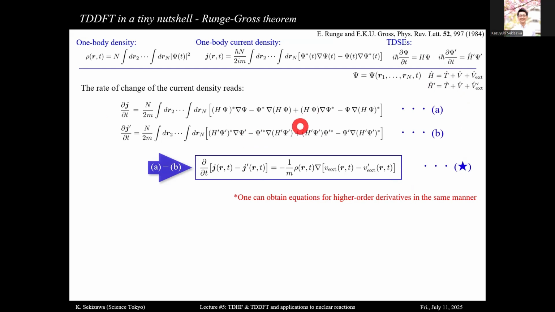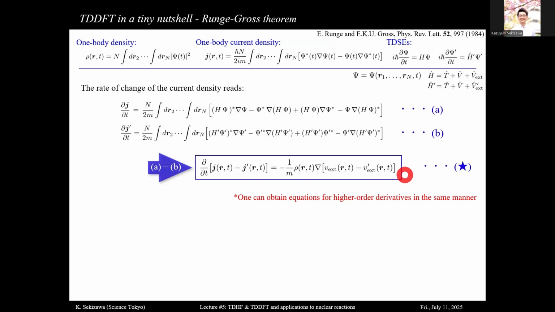Okay. And by carefully looking at the terms, you can show that actually coming from this nabla H psi term, you have the derivative acting on V prime or V, that external potential, and also derivative acting on psi. And from this nabla operating on V, you can get these terms in the right-hand side. Okay.